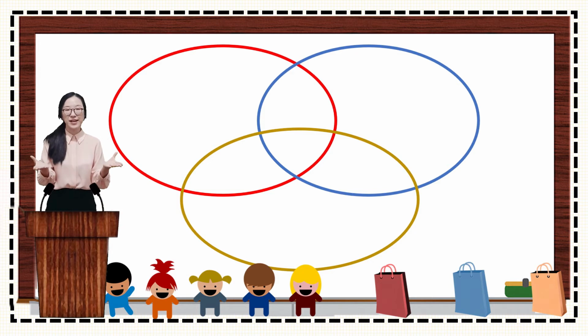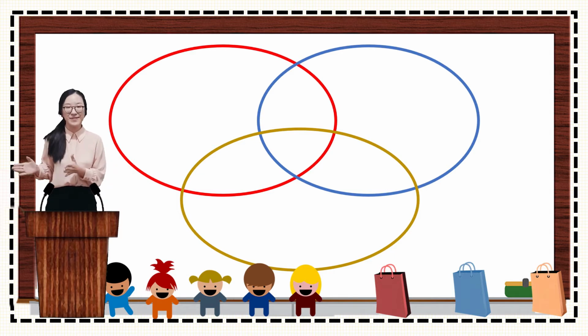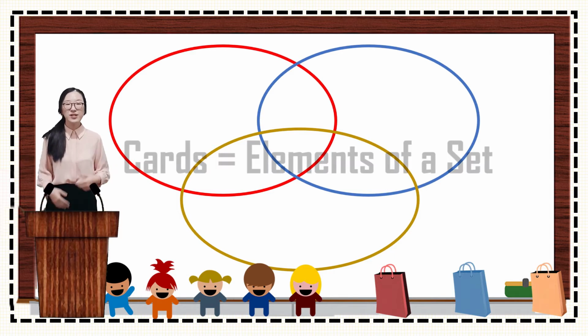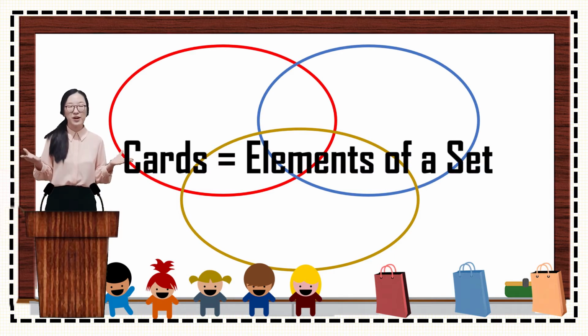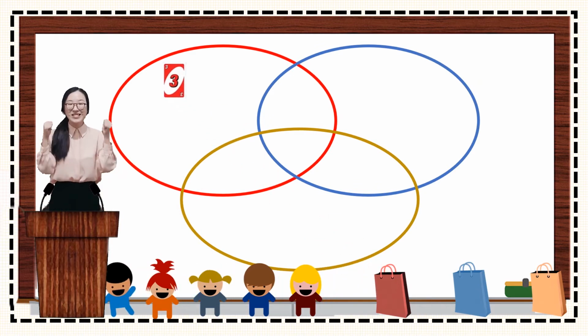Hence, your task for today is to pick a card in the shopping bag. Then, you should paste the card in the respective region of the diagram. Those cards will be the elements of the particular sets. Starting from Tom, can you pick a card in a red shopping bag and paste it on the board in the respective region of the Venn diagram? Good job, Tom!